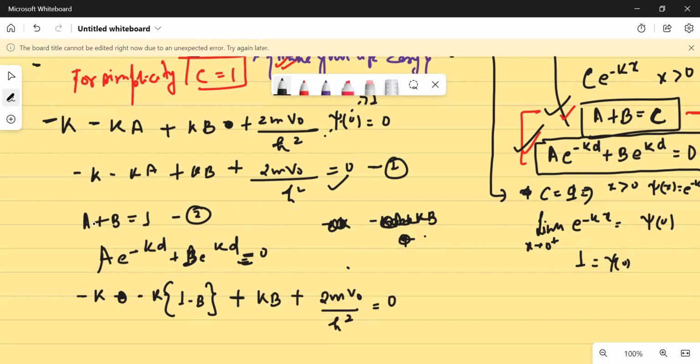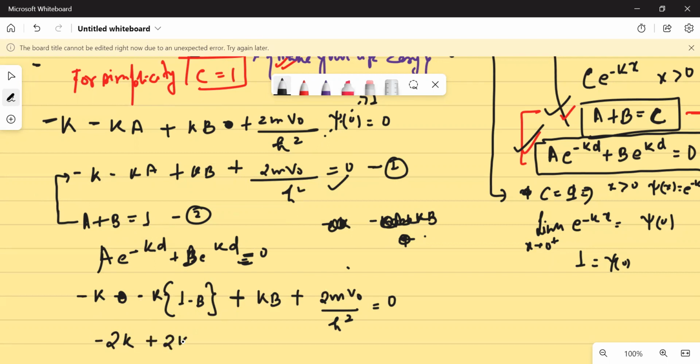I have replaced the value of a in terms of b. I have placed it here, so I have minus k, this is minus 2k, and this is plus kb, and again plus kb.